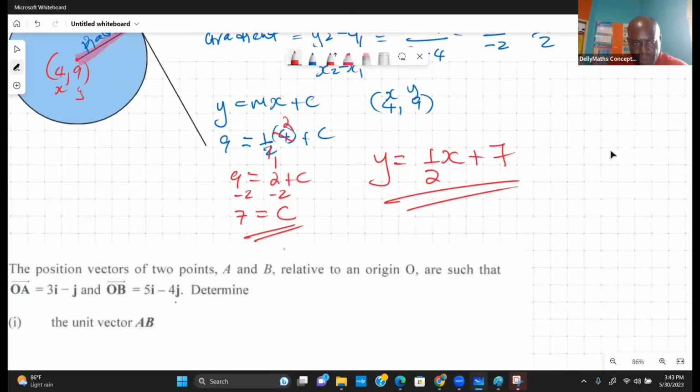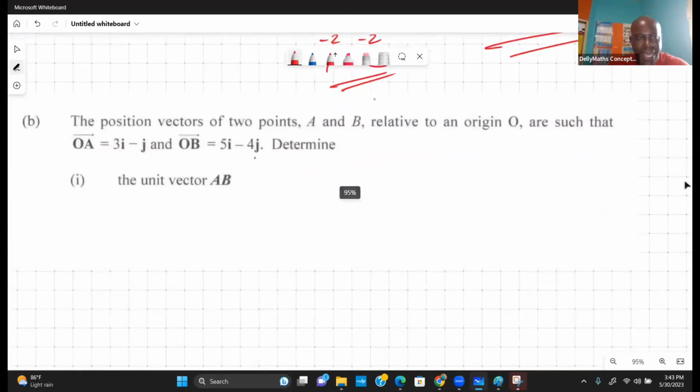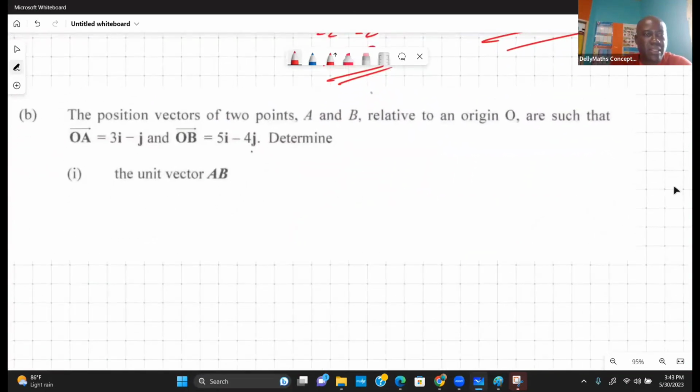All right. Next question is actually looking at a position vector. It said the position vectors of 2 points A and B relative to the origin O are such that OA is equal to 3i minus j and OB is equal to 5i minus 4j. Determine the unit vector.